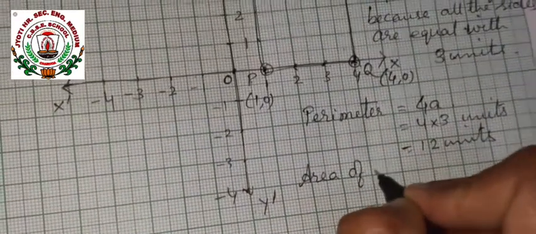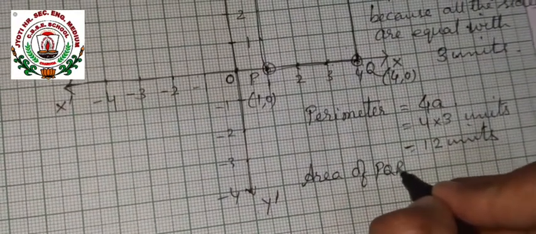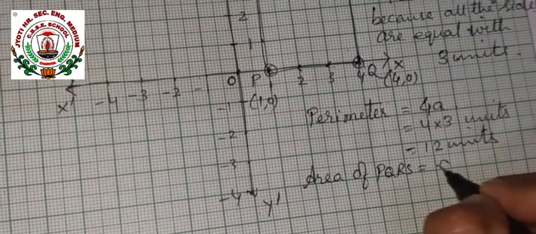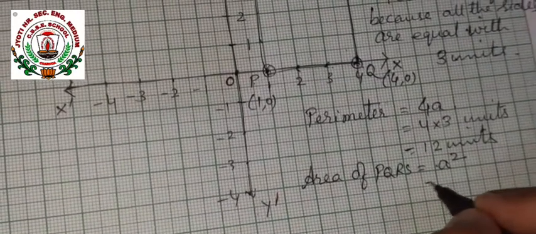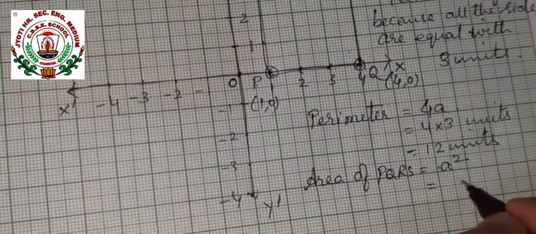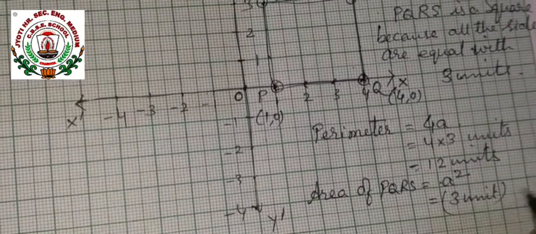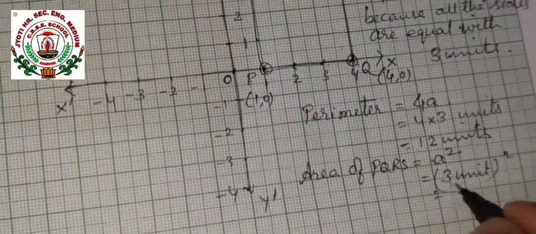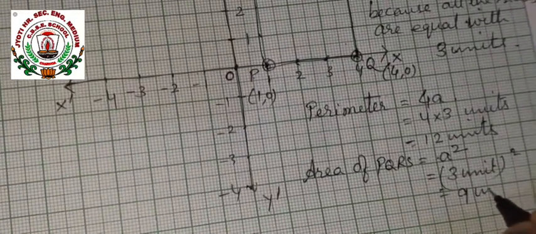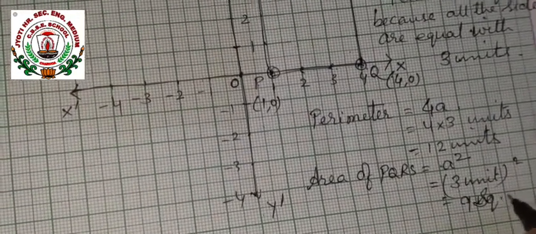Now area also we know. Area of a square is how much? Area of PQRS equals how much? A squared. A is 3 units. So 3 units squared, 3 squared will be how much? 9 square units we can write.